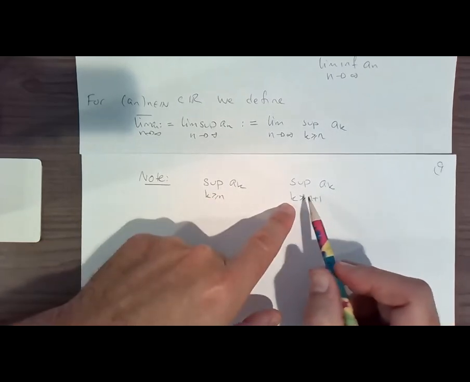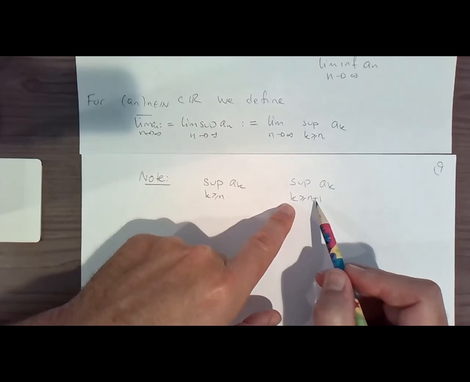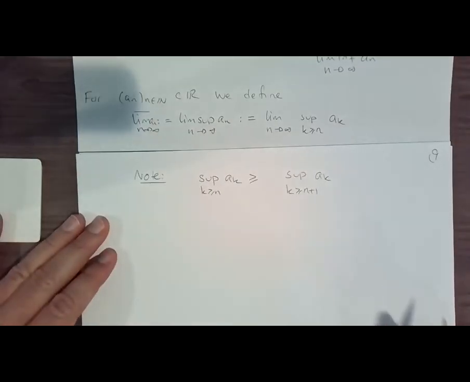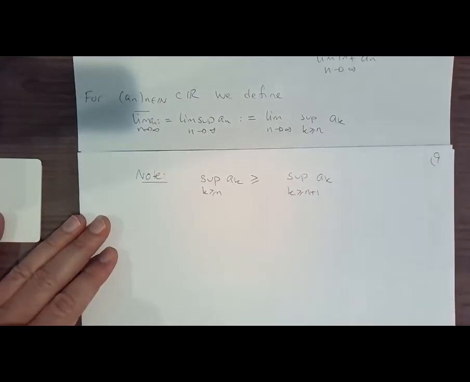Over here there's less flexibility because I cannot choose k to be n. So the supremum on the left is bigger than or equal to the supremum on the right.